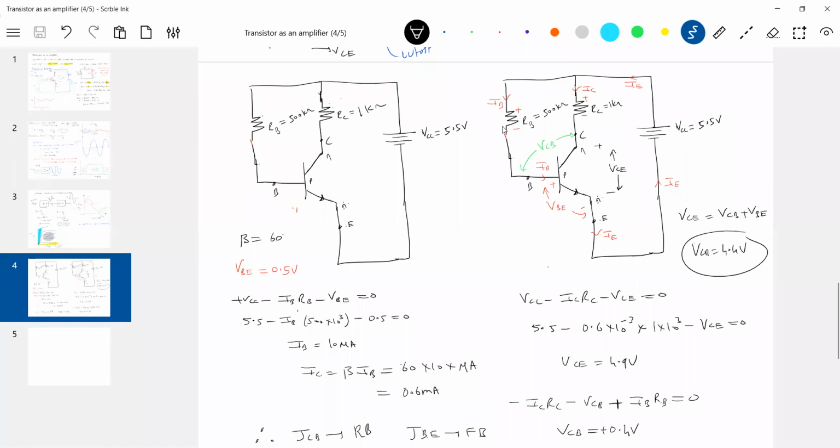How to justify this particular thing? You can see what the primary reason for this is, collector junction. Okay, let me check the calculation.